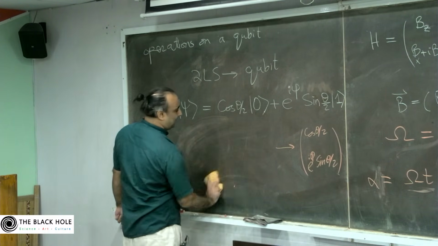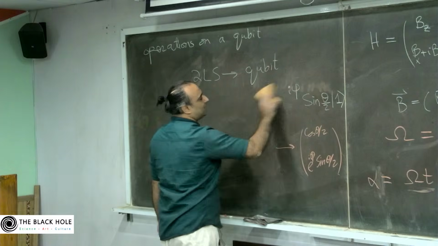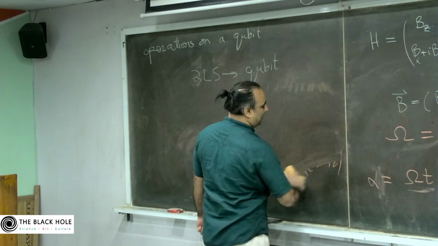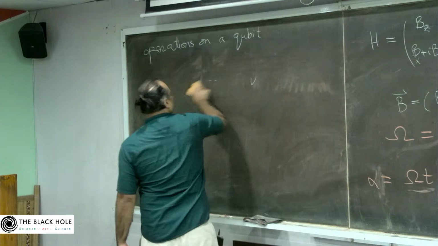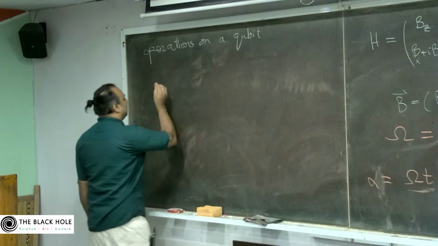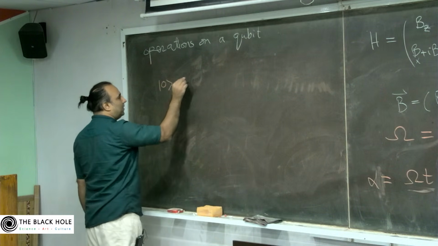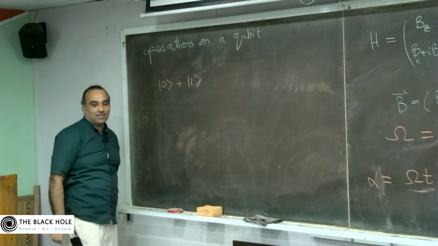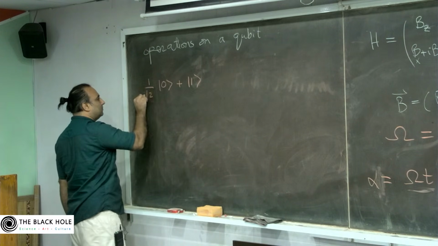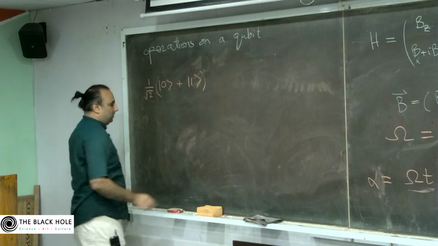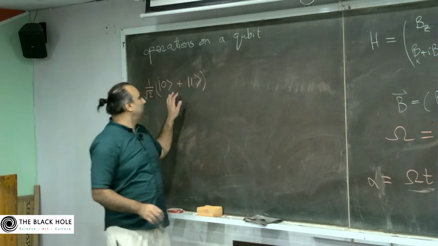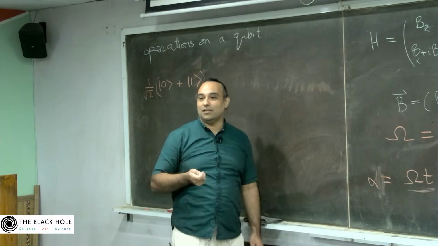So let's take a specific state instead of general theta phi. Let's take this state 0 plus 1. Suppose this is our state. On the Bloch sphere, this is pointing along the x direction.